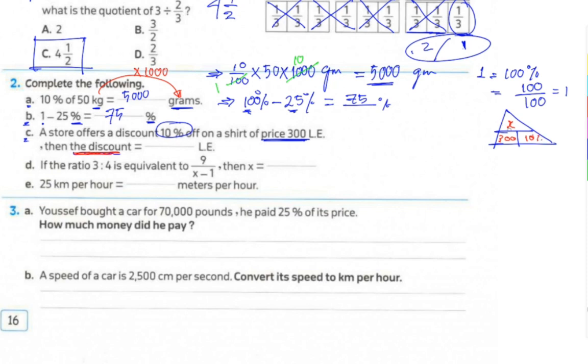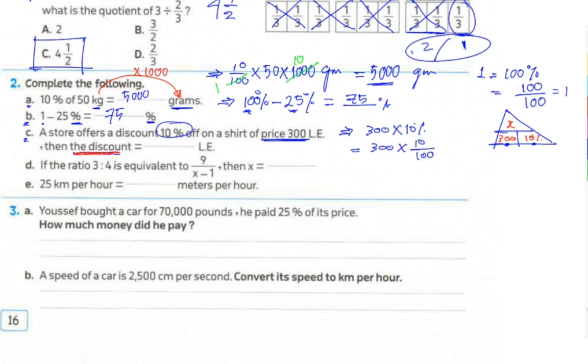Now to find the part, multiply the whole number with the percent. So that equals 300 times 10%. That equals what? 300 times 10 over 100.